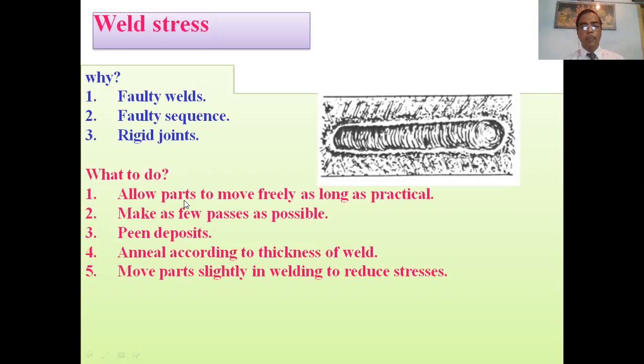What to do? Allow parts to move freely as long as practical. Make as few passes as possible. Peen deposits. Anneal according to the thickness of the weld. Move parts slightly in welding to reduce stresses.